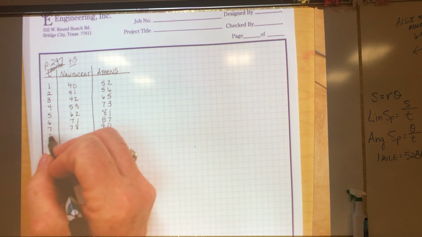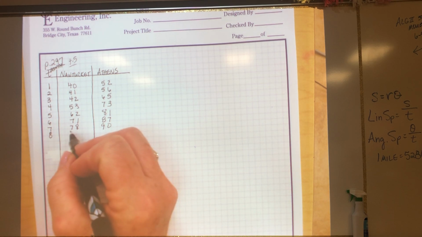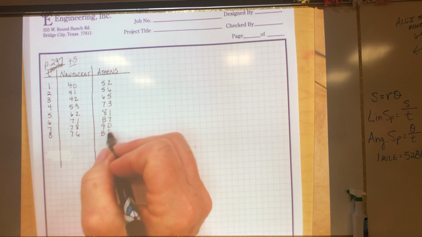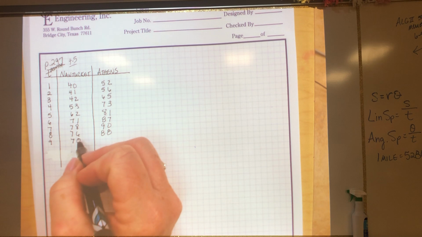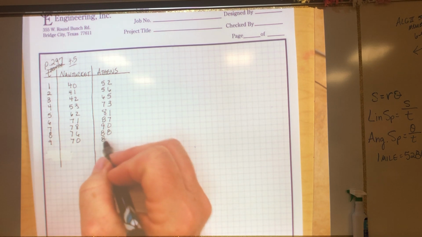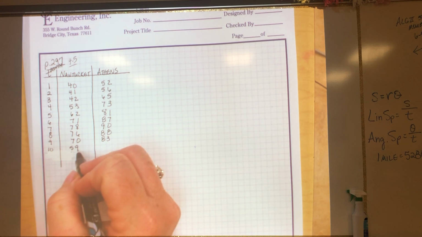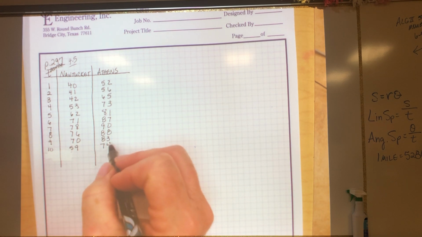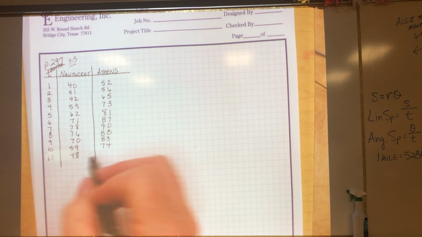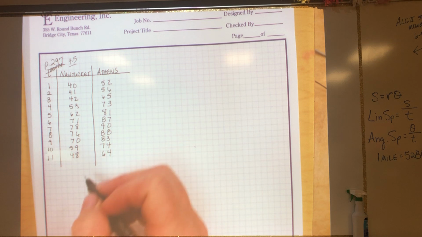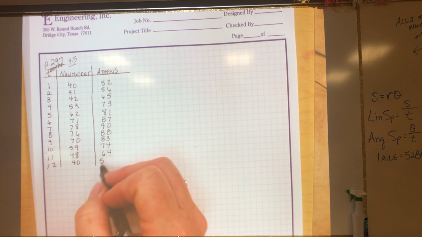Number 8 is 76 and 88. Number 9 is 70 and 83. Number 10 is 59 and 74. Number 11 is 48 and 64. And number 12 is 40 and 55.